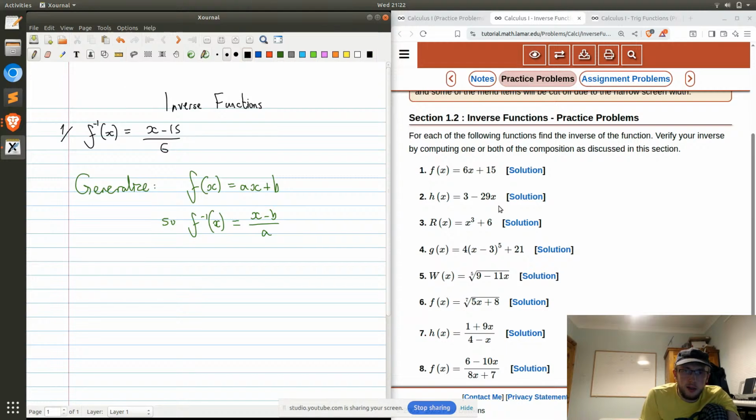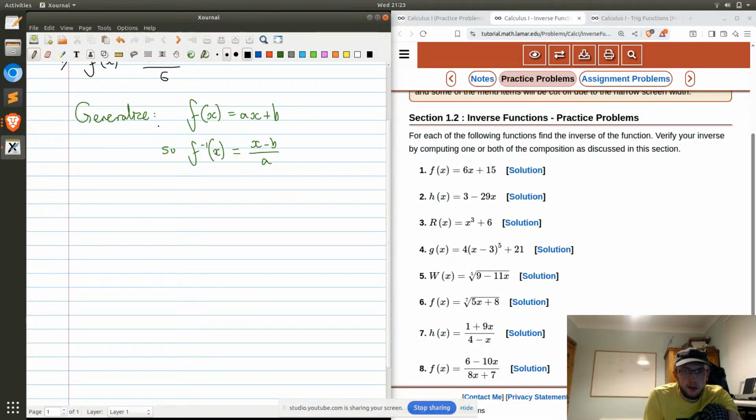The next important one to generalize is this down here, 7 and 8. So first I'll try and just do 8.